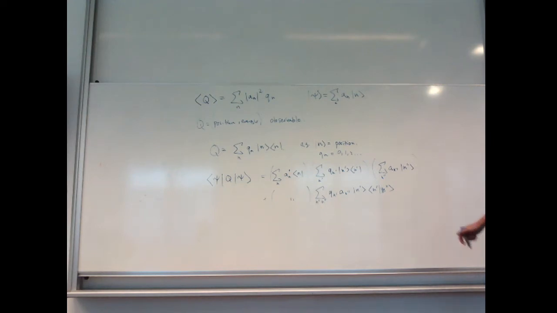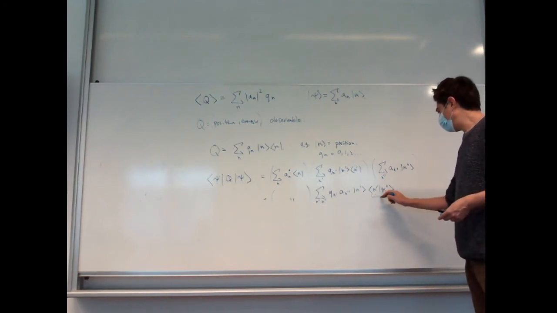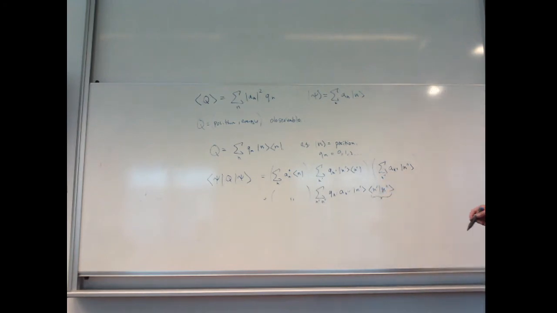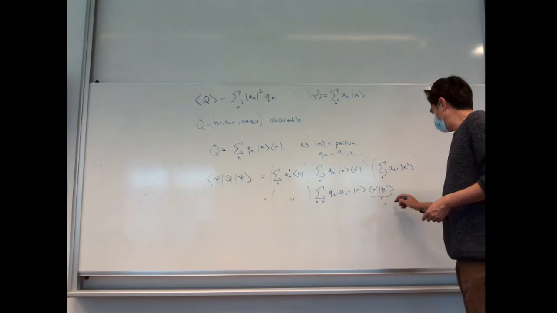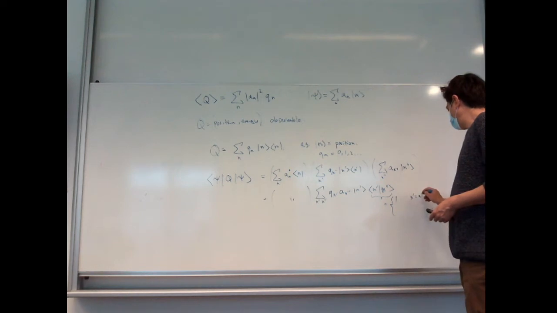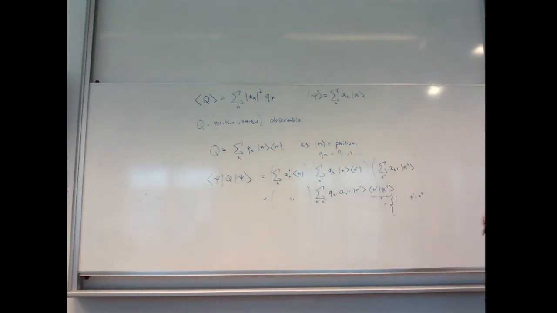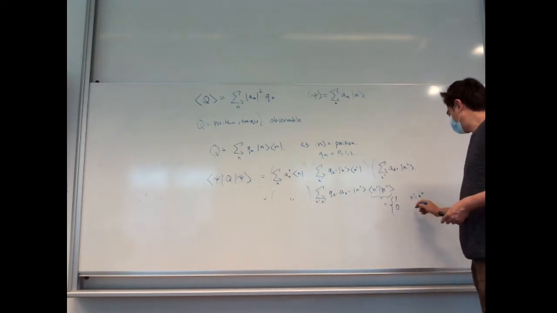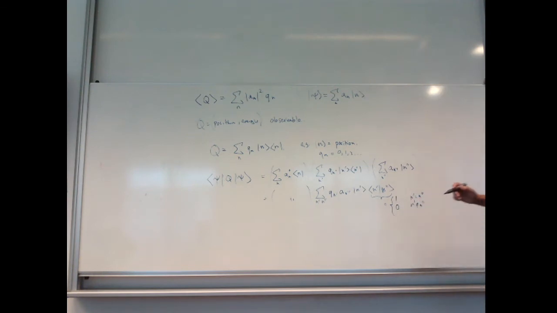Yes, exactly. So this thing should be equal to 1 if n prime is n double prime, and it should be 0 otherwise.